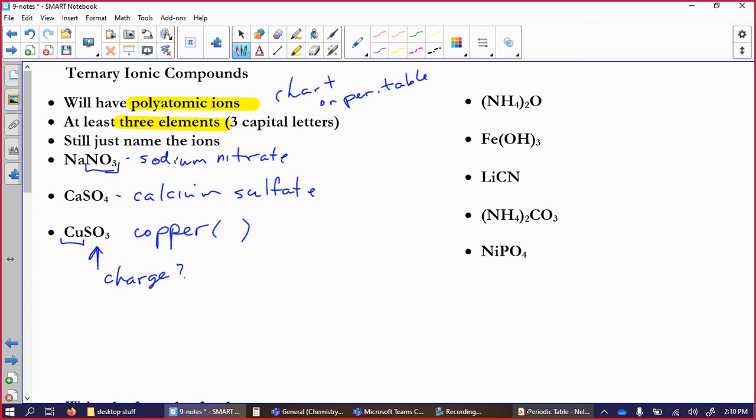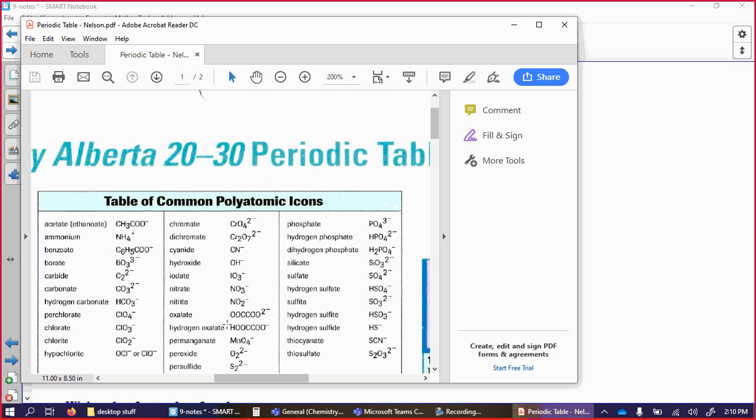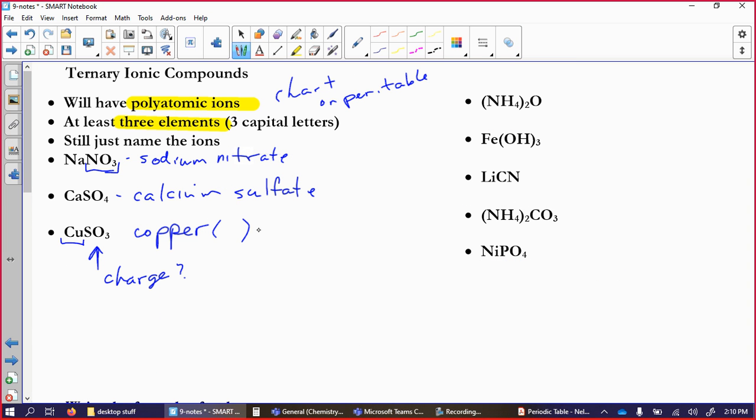We go back to our periodic table. That said SO3, not SO4. So I see SO3. It has a -2 charge and its name is sulfite. So I'm going to write sulfite down. We've just looked up that this whole bit is -2, because it's the whole thing.